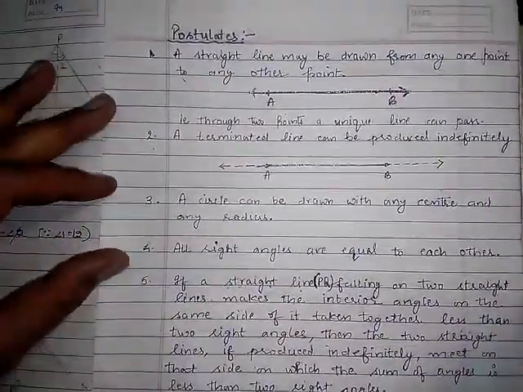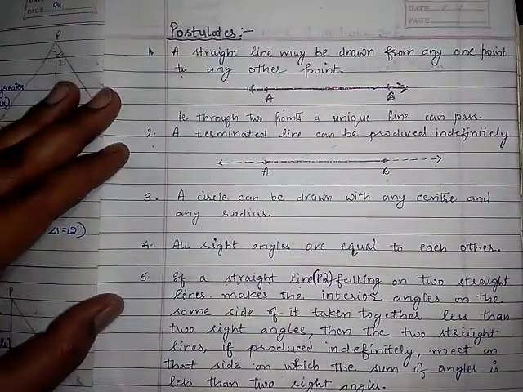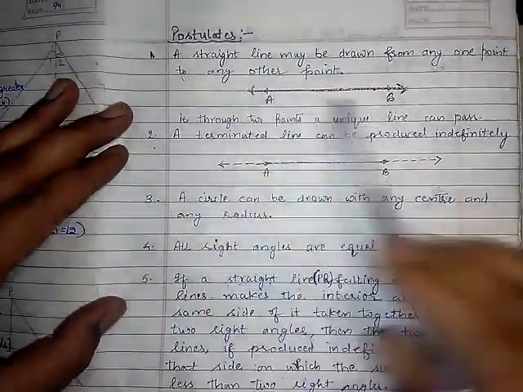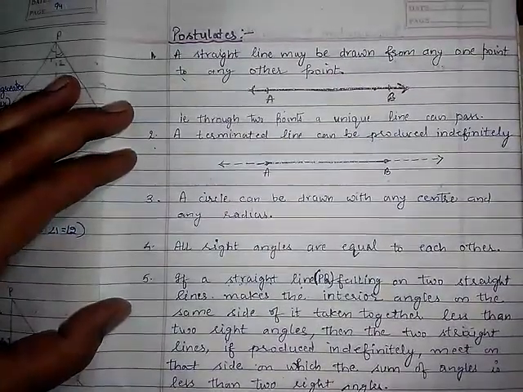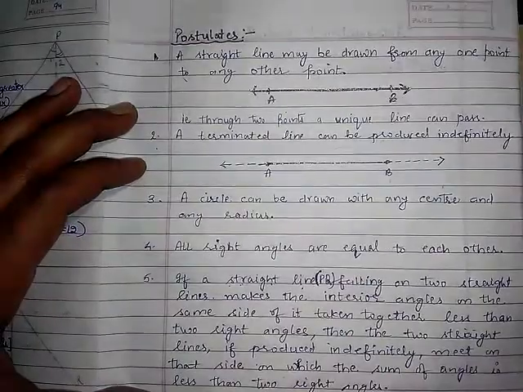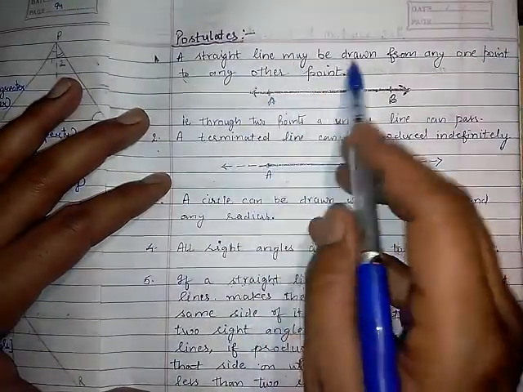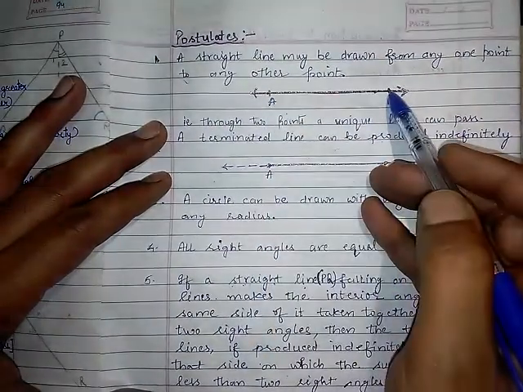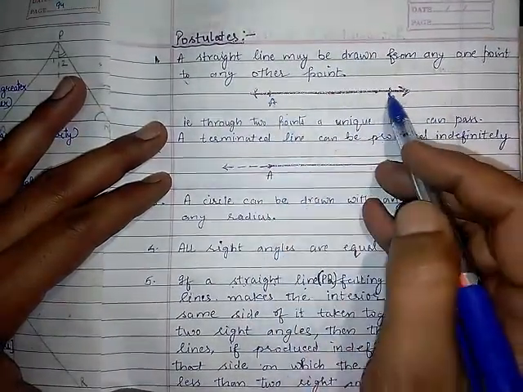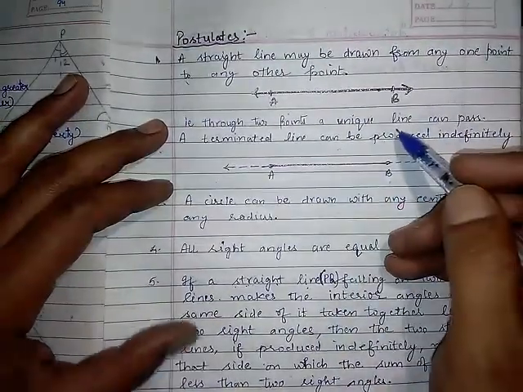postulates. A straight line may be drawn from any one point to another point. So the first postulate of Euclid is: a straight line may be drawn from any one point to another point. It is clear from the language: if you draw a line from one point to another point, you will get the line.